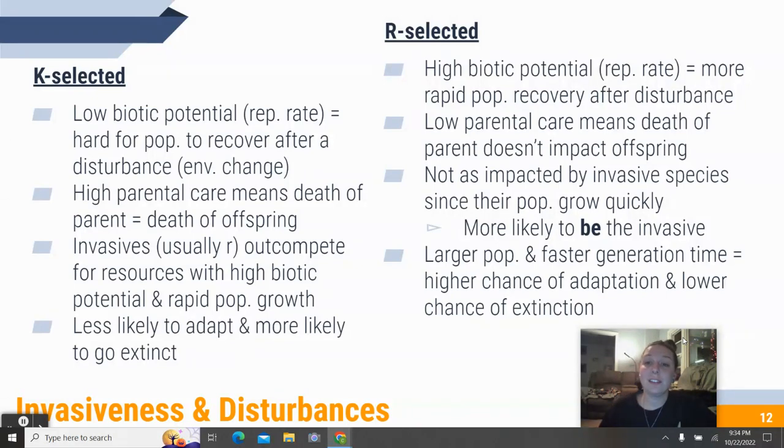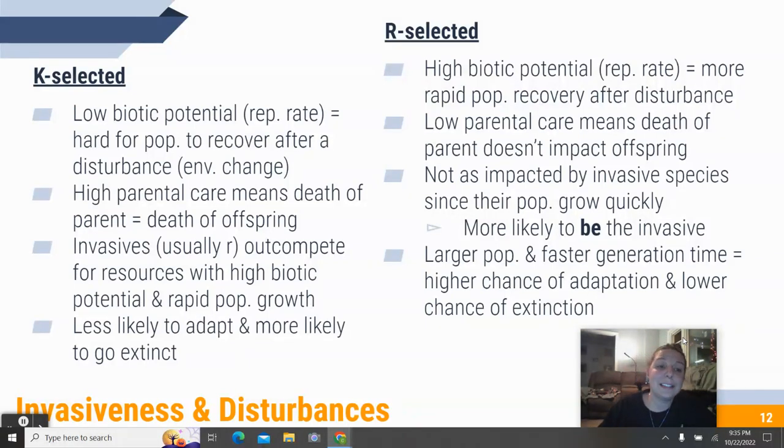But with our R selected, just because there's low parental care, if the parent dies, they're really not doing anything for the offspring anyway, so that doesn't impact them. So it doesn't affect our population size as much. If a parent dies and it's K selected, the offspring also dies. So you're having multiple organisms die because one died. But if one parent dies and it's R selected, its offspring are still able to continue their lives.